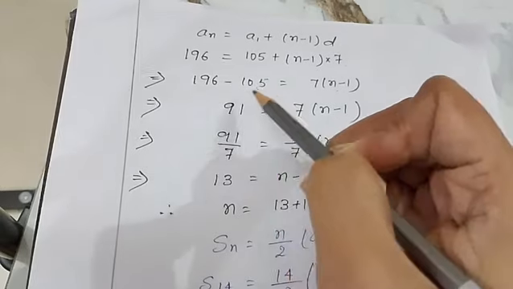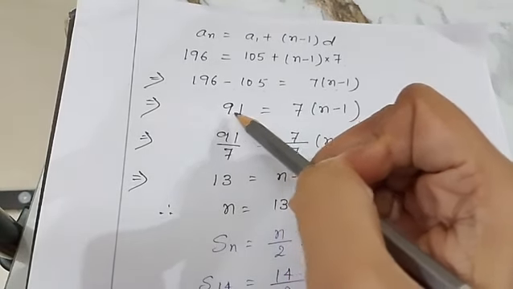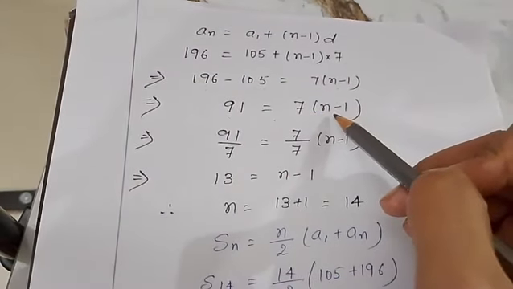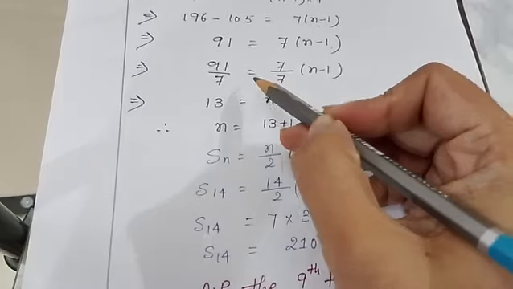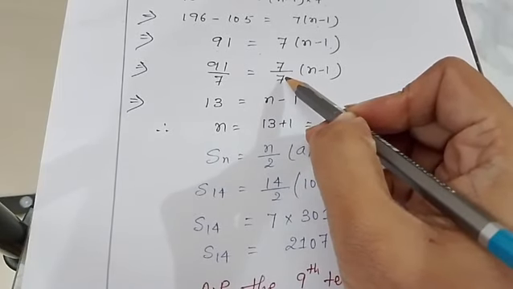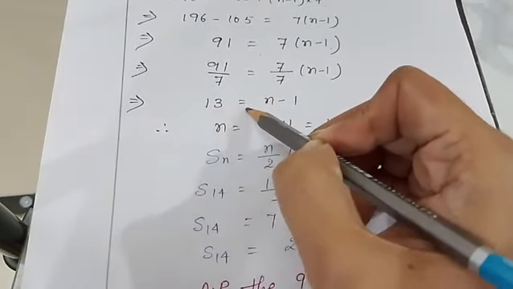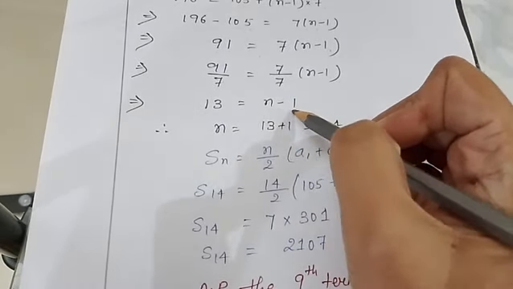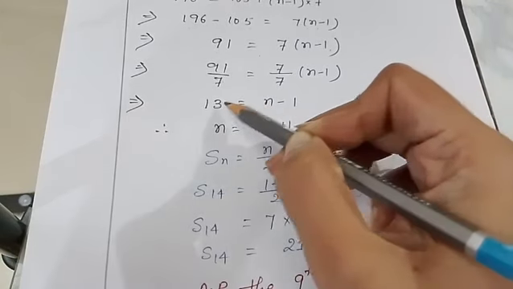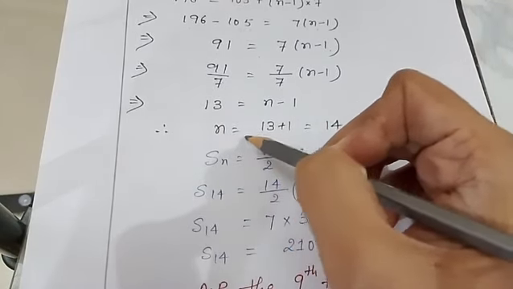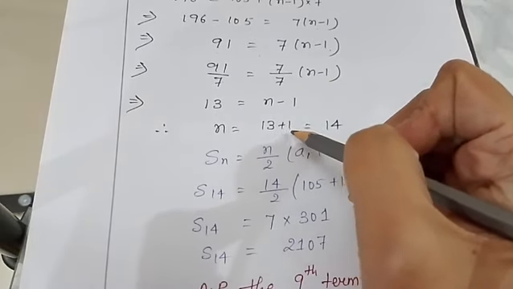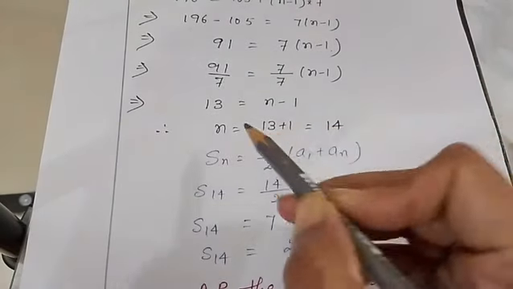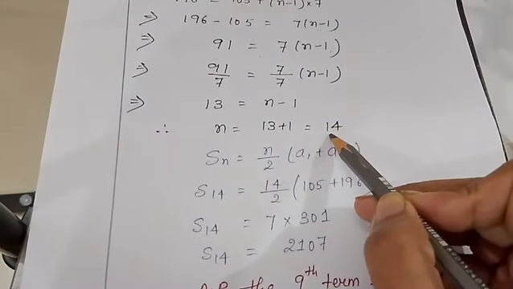Subtracting, it is equal to 91. 91 is equal to 7 into (n minus 1). Divide both sides by 7, so that 13 is equal to n minus 1. Move 1 to the other side. Therefore, n is equal to 13 plus 1, which is 14. Therefore, n is equal to 14.